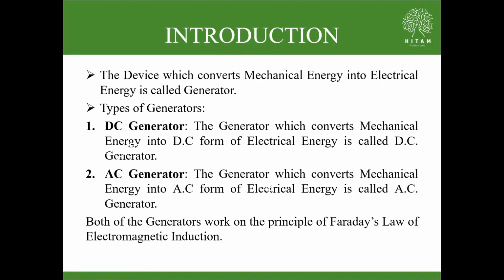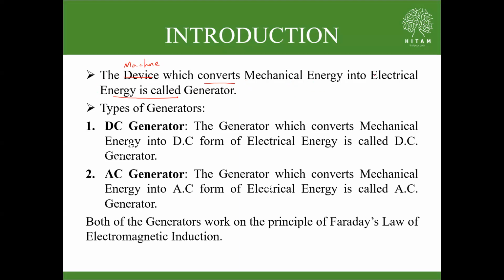See, coming to the introduction for that DC machine, always remember the device which converts mechanical energy into electrical energy is called the generator. Or you can simply make it as the machine which converts mechanical energy into electrical energy is called as generator.